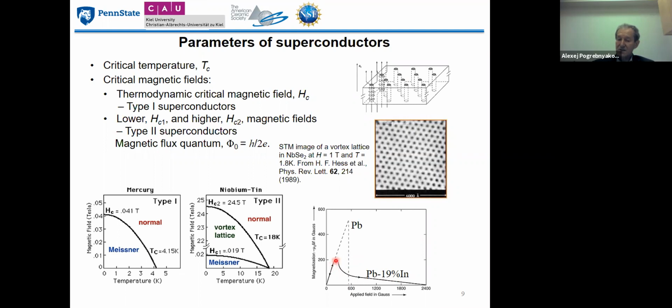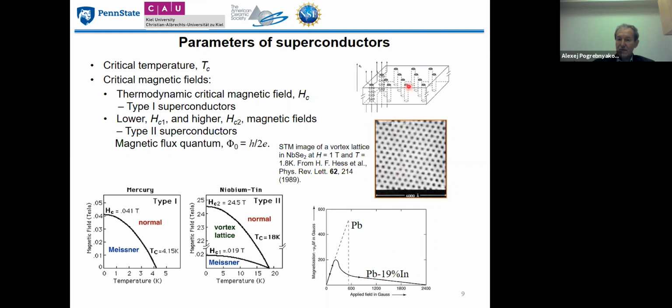Here we see that this peak corresponds to the lower critical field, and this value of about 2400 Gauss is the upper critical field for the lead indium alloy.